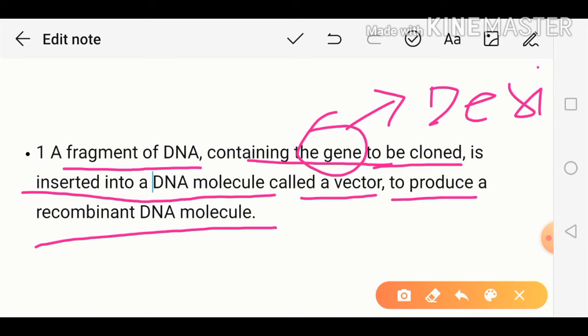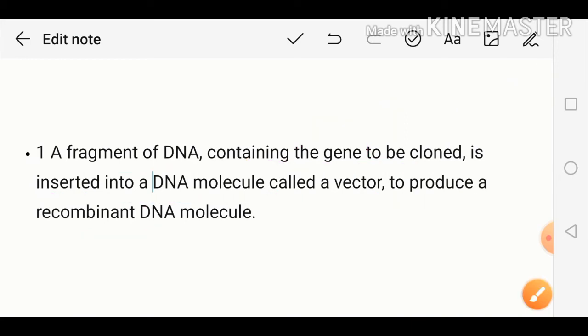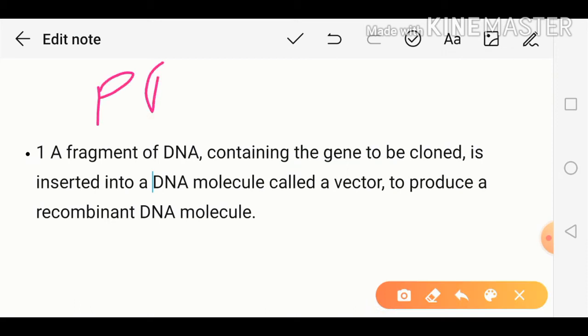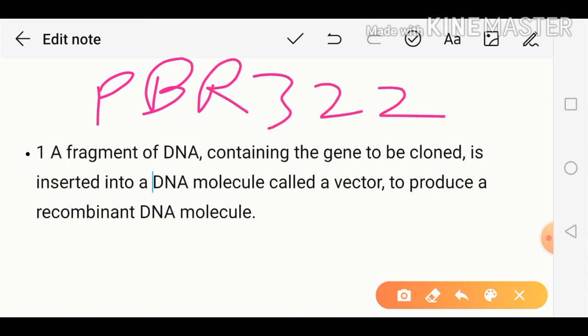There are natural plasmids and artificial plasmids. A very well known example of an artificial plasmid is pBR322. This is a very famous artificial plasmid vector that is used for gene cloning experiments.